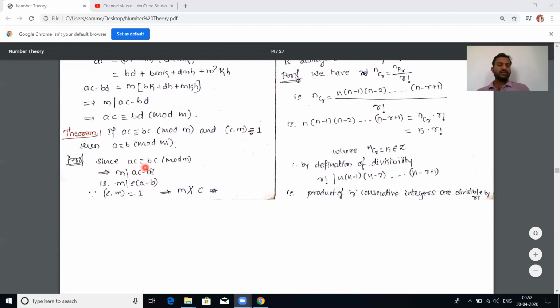So since ac is congruent to bc mod m, that implies m divides ac minus bc. Now m divides ac minus bc, taking c as common, so m divides c into a minus b. Now since c and m are relatively prime to each other, m does not divide c here. M will not divide c, so m divides a minus b. Why is this?